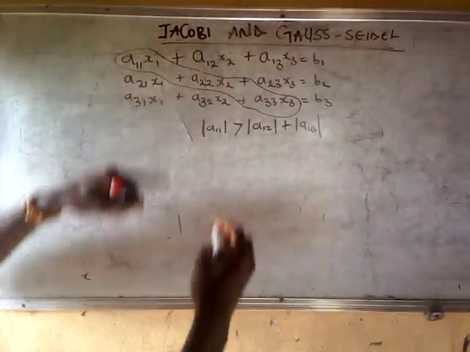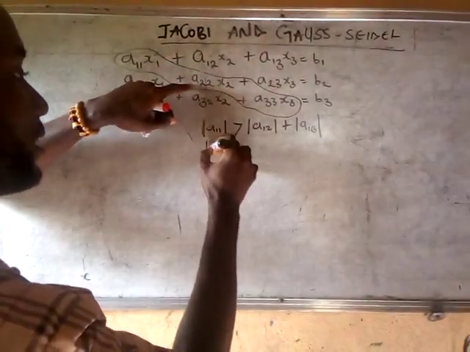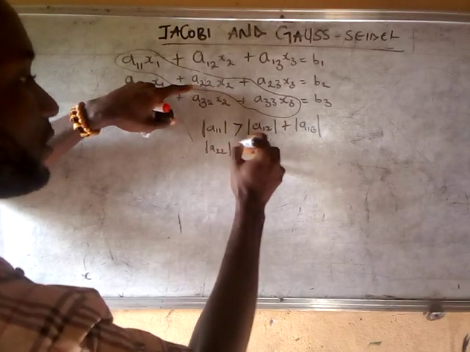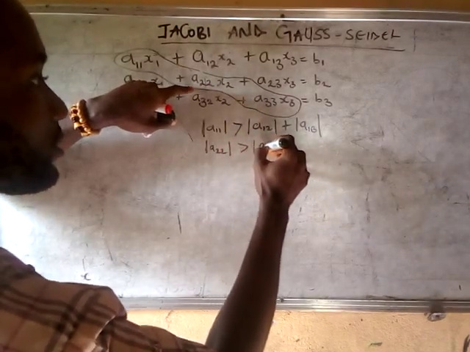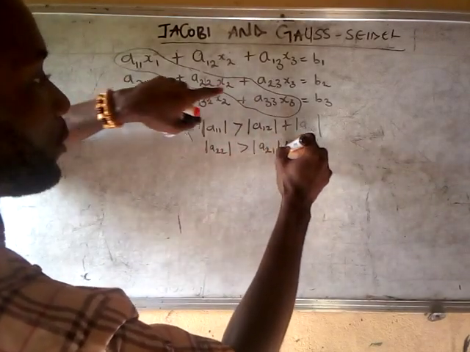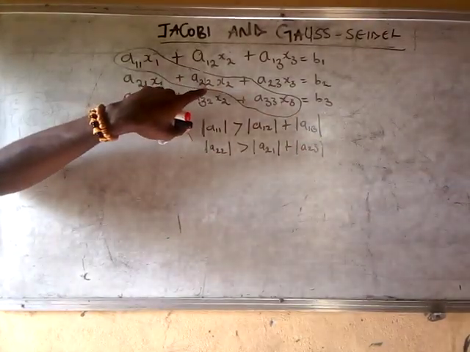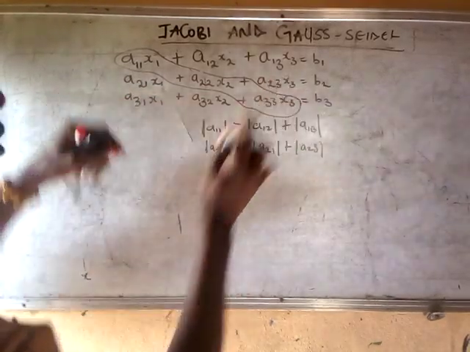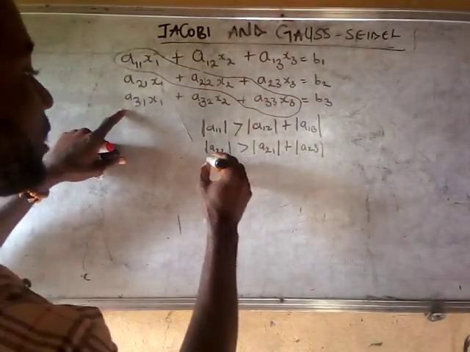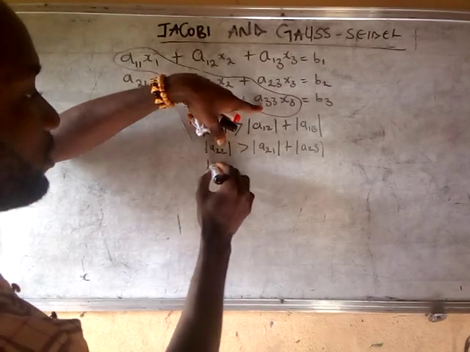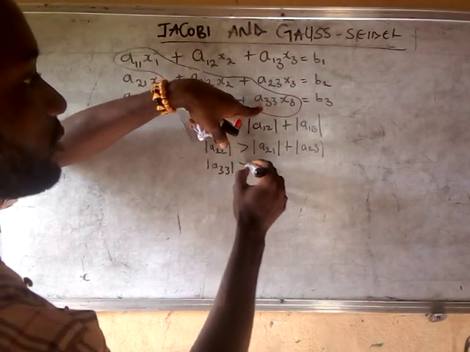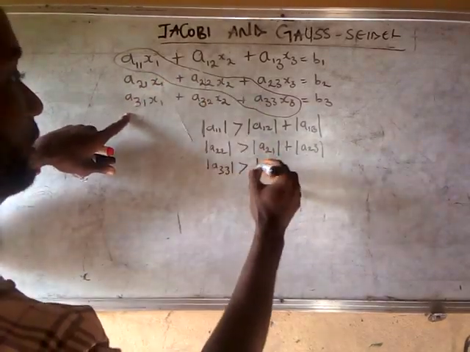The same thing applies here: the absolute value of the coefficient of a22 will be greater than a21 plus a23. Then when we enter here, the diagonal coefficient will be a33. It will be greater than the addition of these two others.